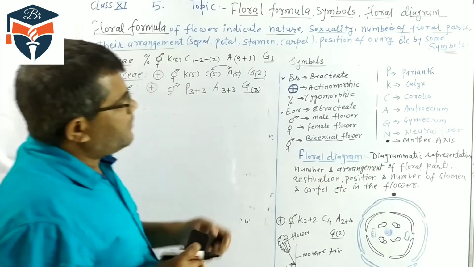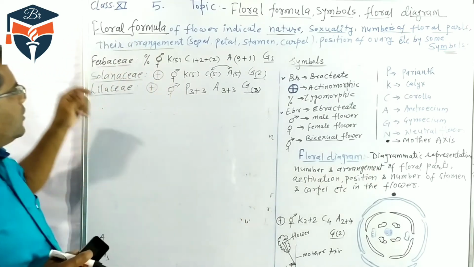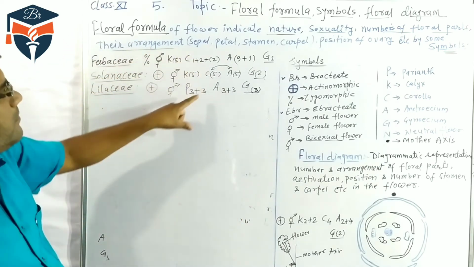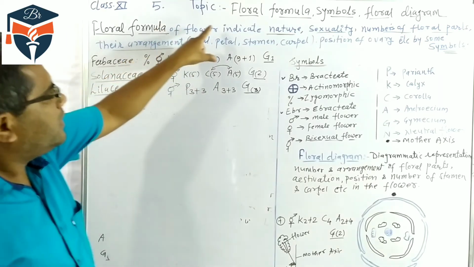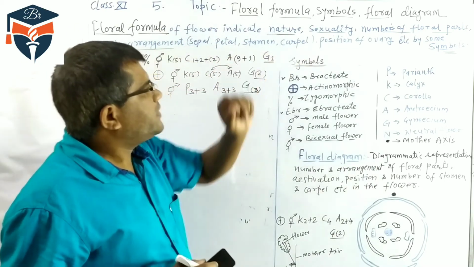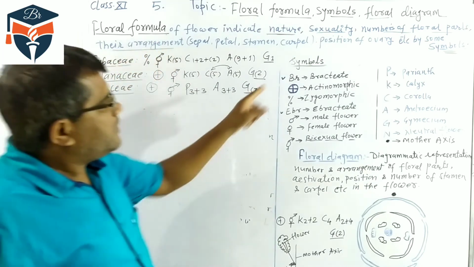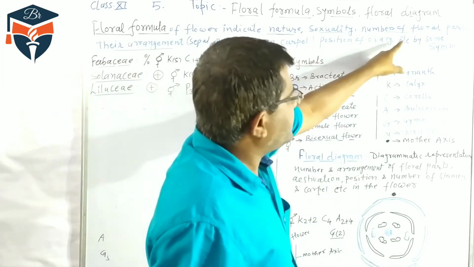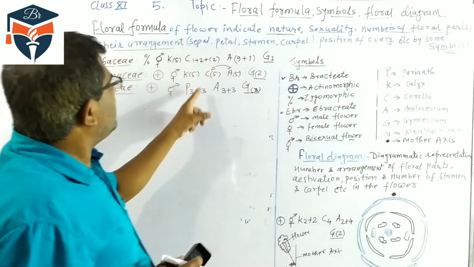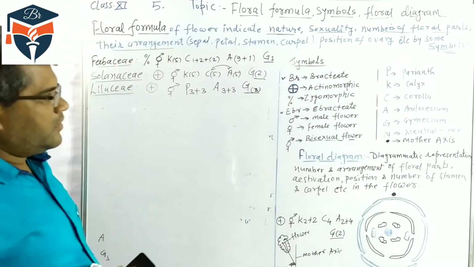So by these symbols, it is very easy to know the different parts of the flower, nature of the flower, sexuality of the flower, and different parts in their arrangement, as well as position of ovary, etc. by the symbols. So this formula is called floral formula.